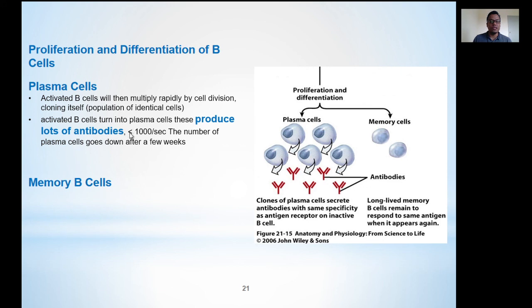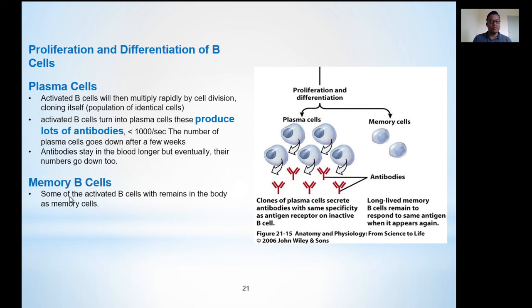It is estimated that around 1000 antibodies per second can be produced by one cell. The number of plasma cells goes down after a few weeks once the pathogen is eliminated from the body. Antibodies stay in the blood longer, but eventually the numbers will go down too.